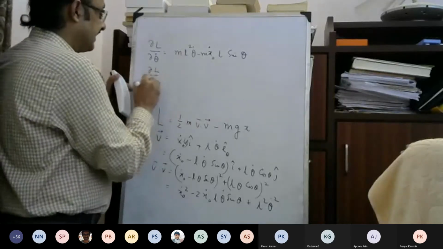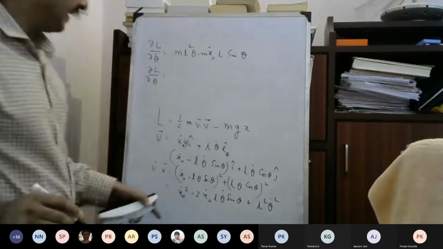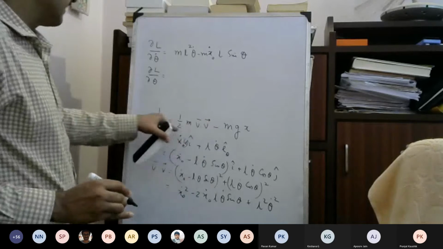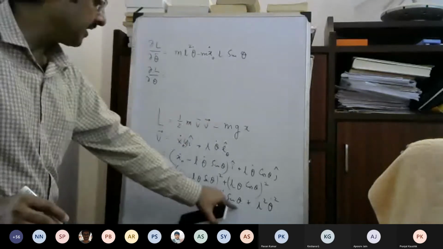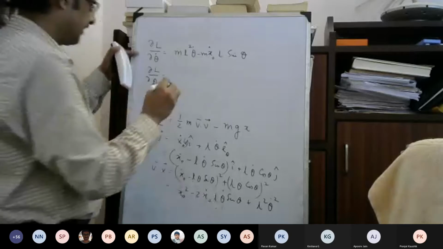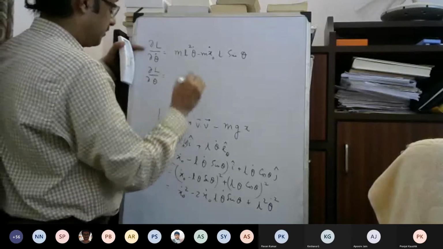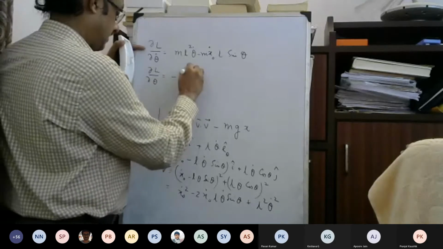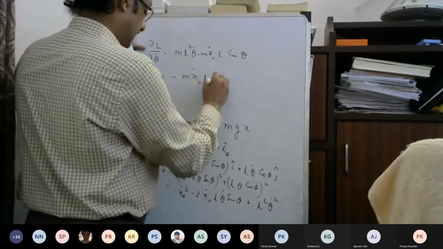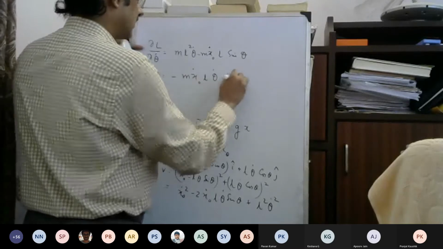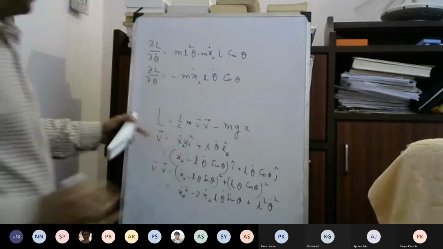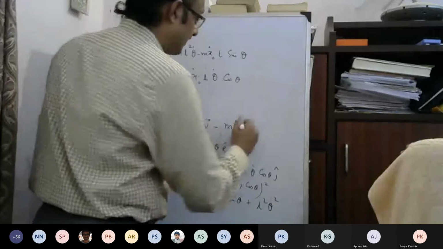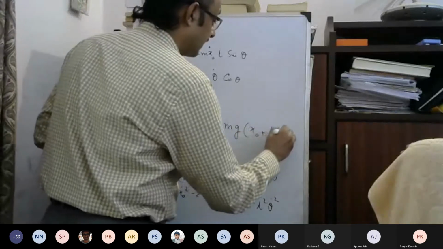Okay, del L del theta. This one will contribute from here. This is half m, so this theta will appear. So this will be equal to minus m x naught dot L theta dot cosine theta, and m g x. So x is equal to, let us say, x naught plus L cosine theta.